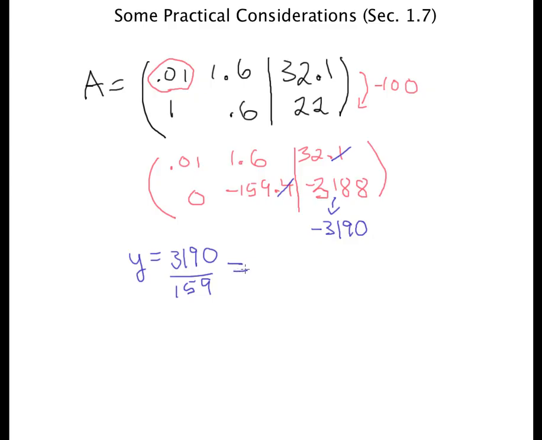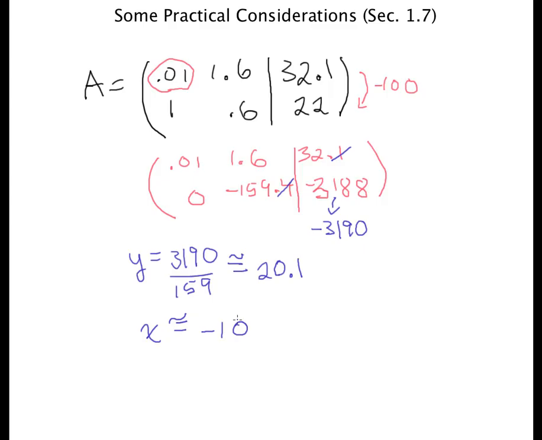And what I get is y is approximately 20.1. And when you go back and you plug in for x, what you find out is that x turns out to be approximately minus 10.